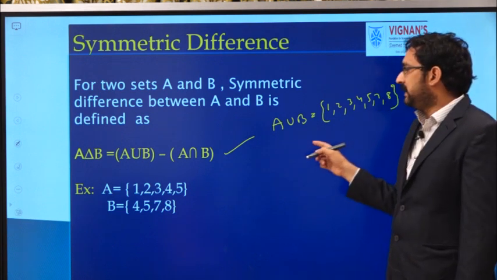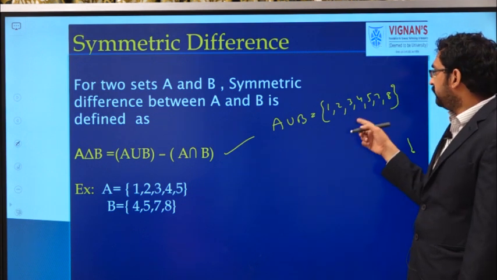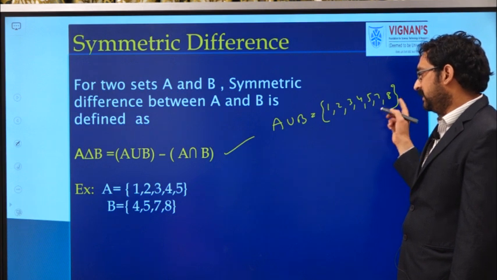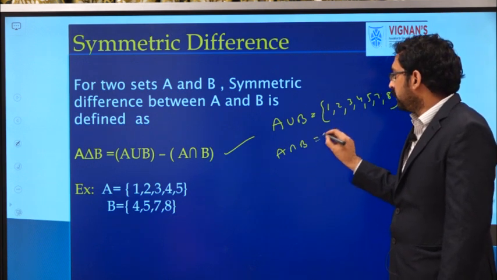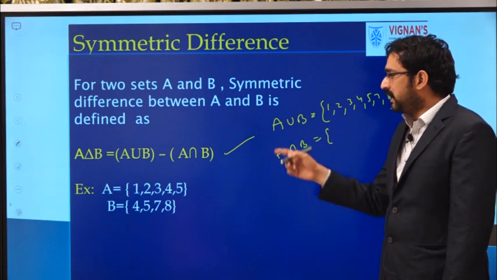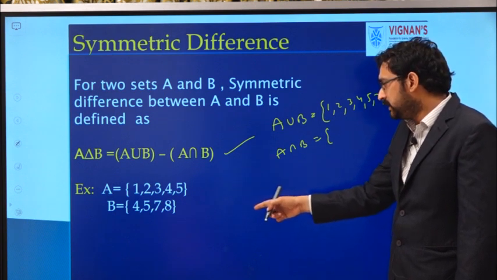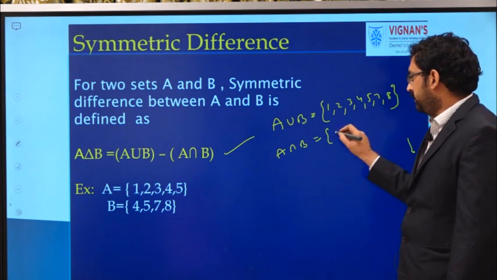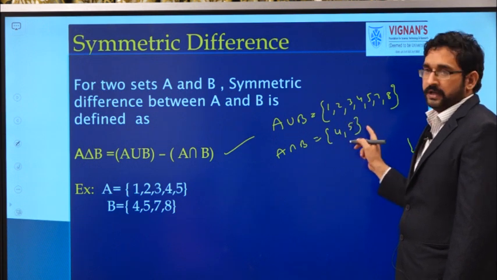Now find A intersection B. What is A intersection B? The set of all elements which are common to both. If you observe A and B, only 4 and 5 are common. So A intersection B contains 4, 5.